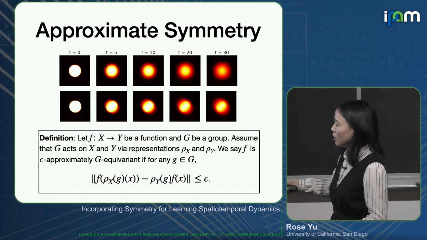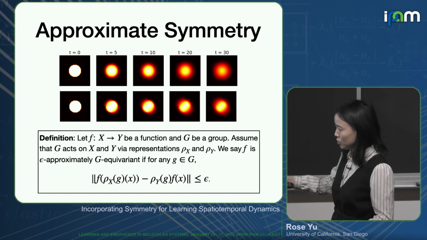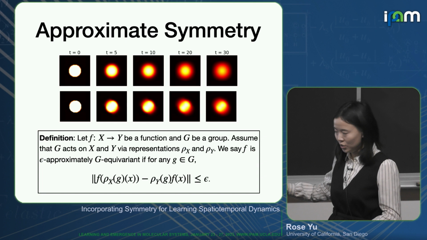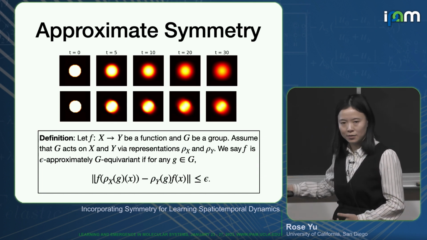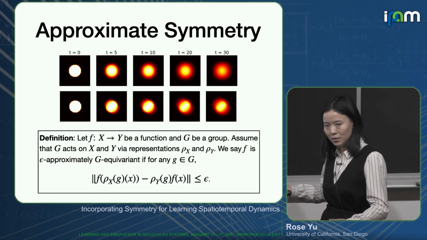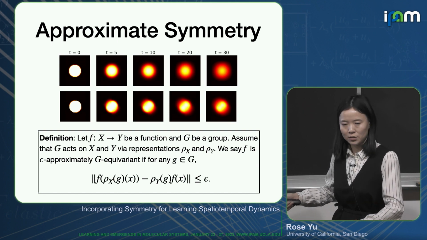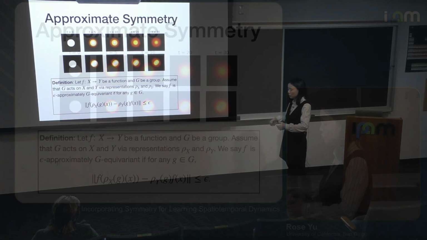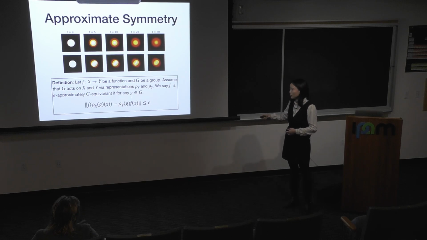Essentially, I transform the input with some group transformation, and then measure the difference in the output when I also transform the original function by g. If this gap is bounded by some constant epsilon larger than 0, then f is approximately equivariant. If epsilon is 0, then the function is perfectly equivariant. So this constant allows us to control how much symmetry we have in the model. This is a very simple and straightforward definition of approximate equivariance.